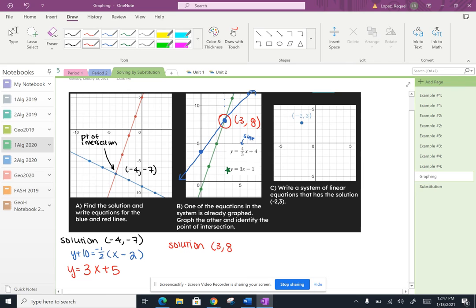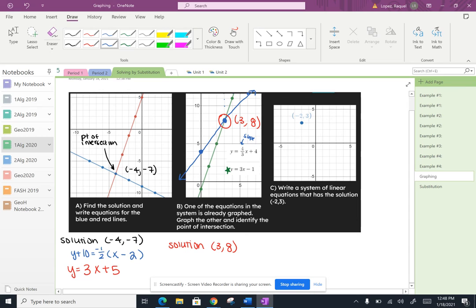is 3, 8. Okay, now for the last part, they want us to write a system of linear equations that has a solution of -2, 3. So for this one, it would be really convenient for us to choose to write these equations in point-slope form.